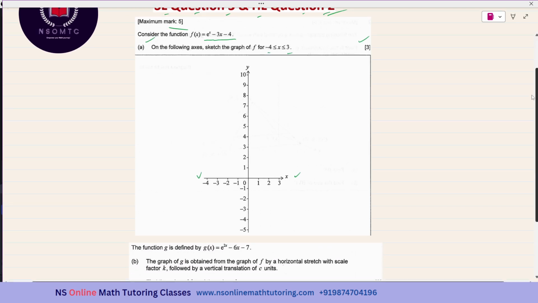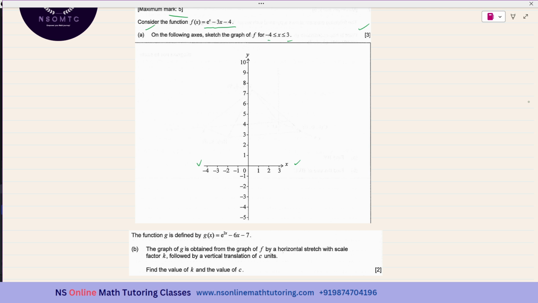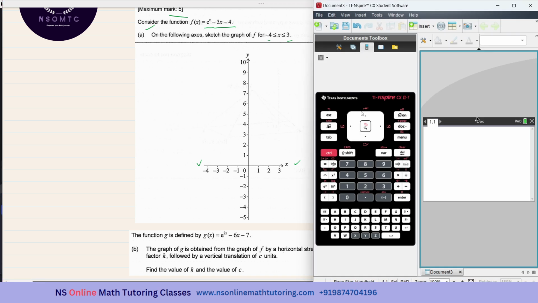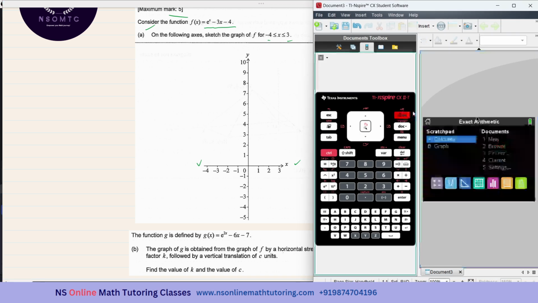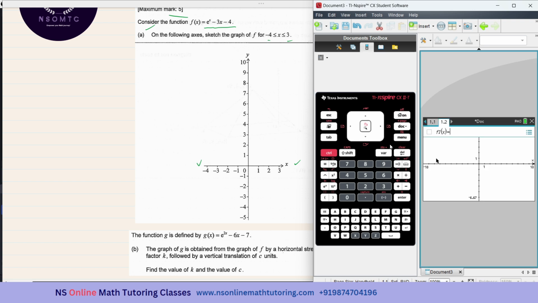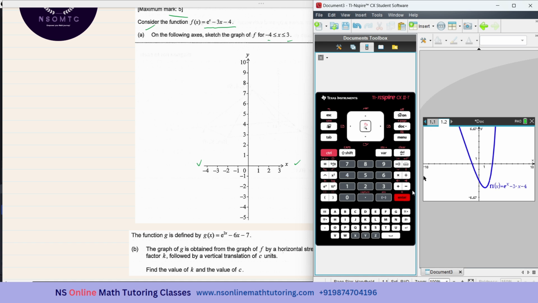It is a paper 2 question, so we can use the calculator. I am using the TI Nspire CX II calculator. I go to the graphs and enter e to the power of x minus 3x minus 4, and enter.